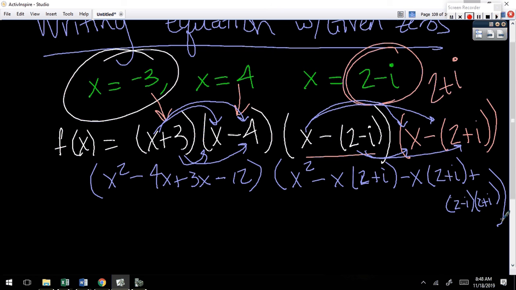Yeah, it's nasty. All right, let's clean up the first one. That one's easy. x squared minus x minus 12.